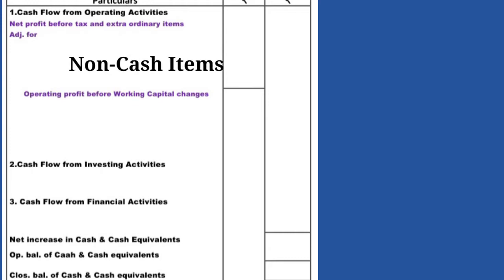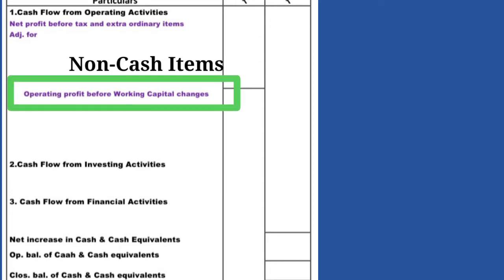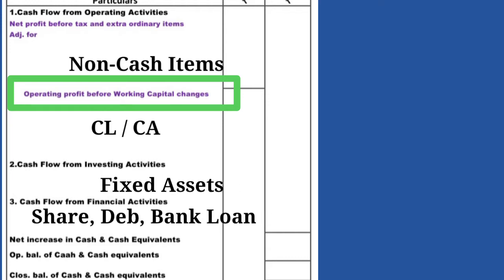After non-cash transactions, we will write a subheading, that is, operating profit before working capital changes. Non-cash items come first, after that current liability and current asset, then fixed asset, after that shares, debentures and loan.